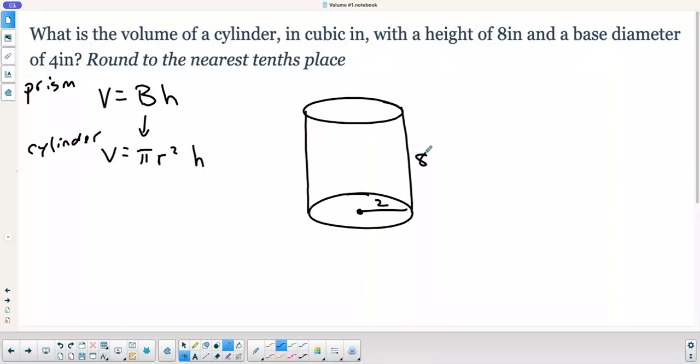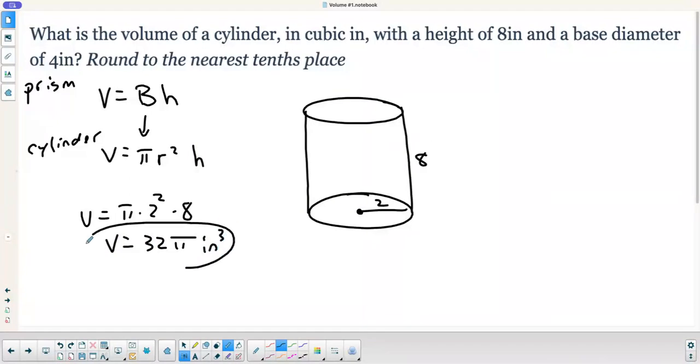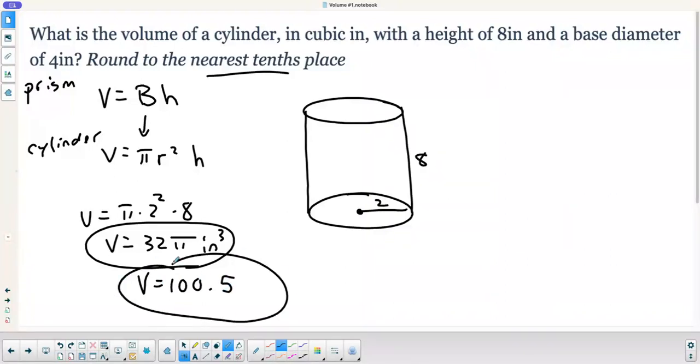So your volume equals pi r squared times height. Cubic inches. Oh, this one tells me to round. So let's type it into my calculator, 32 times pi. Use the pi button too. Don't type in 3.14. It's more accurate if you use the pi button.